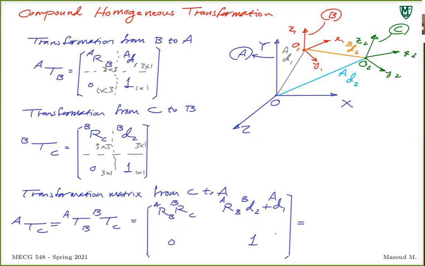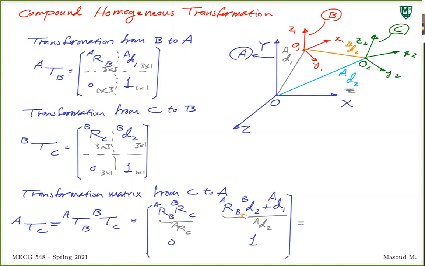There you go. So basically what happens is that you can think about this as RAC, rotation from C to A. You can think about this one as a translation, whatever the origin of frame C is in frame A. Don't get lost there.